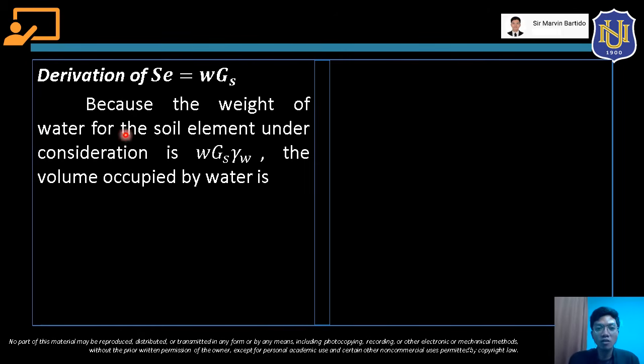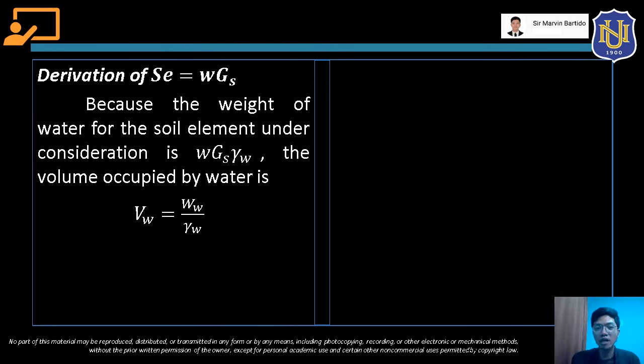So, because the weight of water for the soil element under consideration is, ito class yung na-derive natin na weight for water from the previous slide. So, weight ng water class ay equal sa water content times specific gravity times gamma ng water. So, class, kapag kinuha natin yung volume ng water, pwede natin kunin class dun sa relationship from gamma water. 'Di ba class yung gamma water equal siya sa weight ng water over volume ng water.